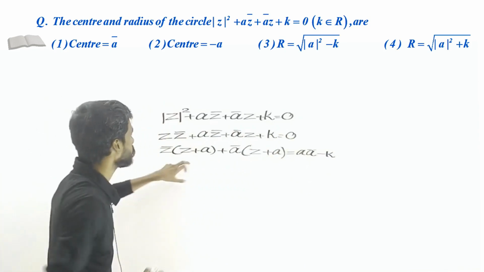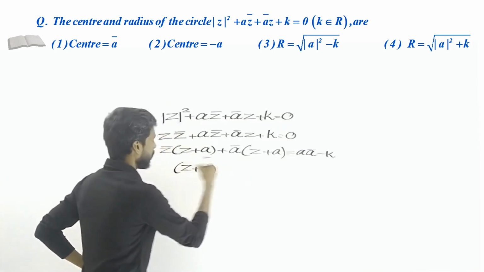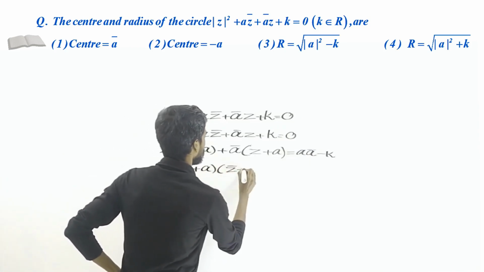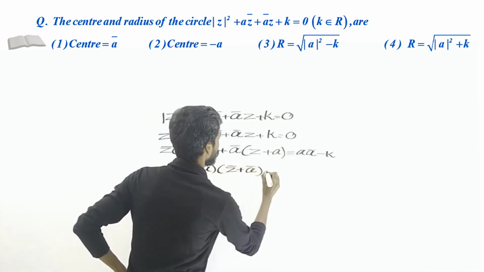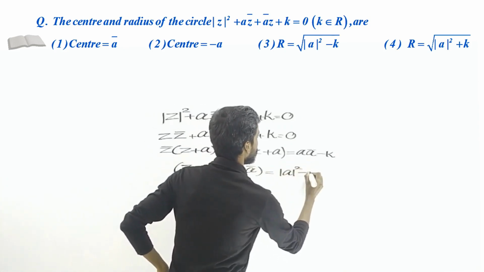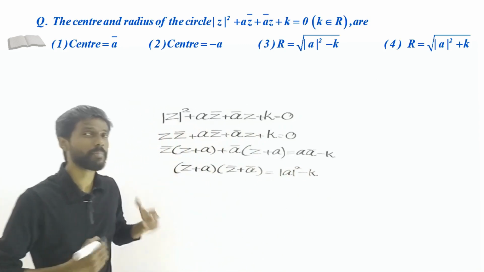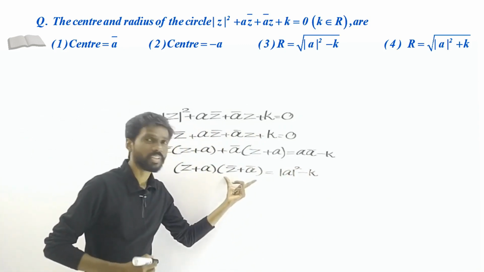Now from these two terms, again we can take out z plus a. If you take it out, it will become (z bar plus a bar) times (z plus a) equals a bar a minus k. Here a bar a can be written as modulus of a squared, so minus k, right? Now z plus a is a complex number. What is this other factor? Its conjugate, right?